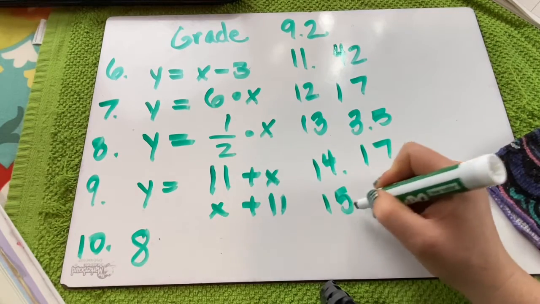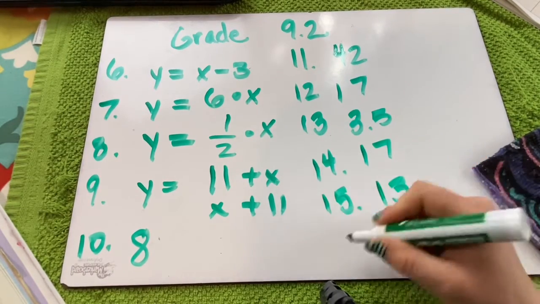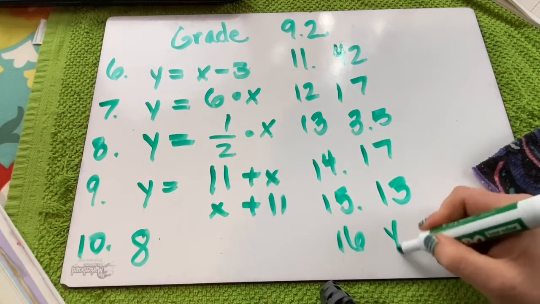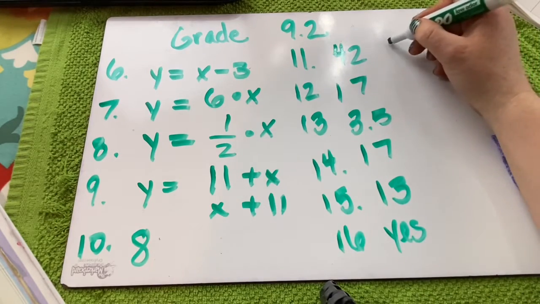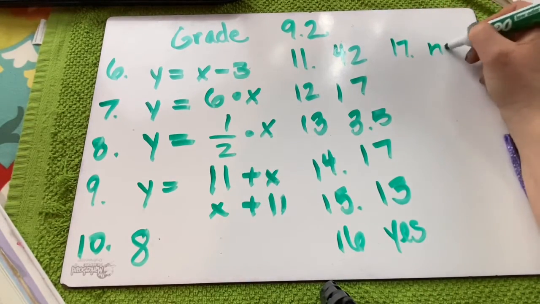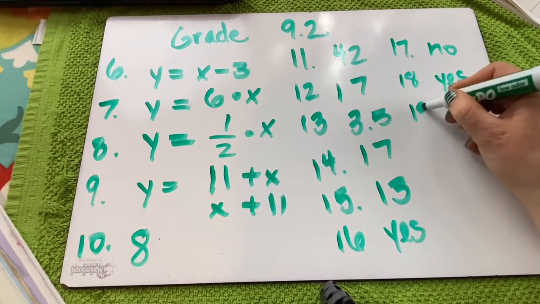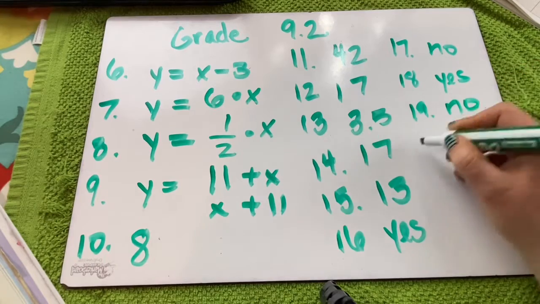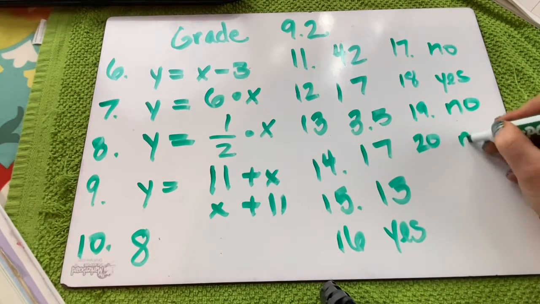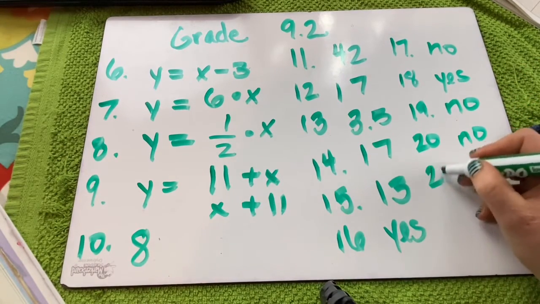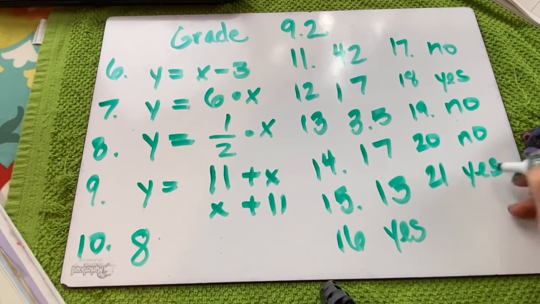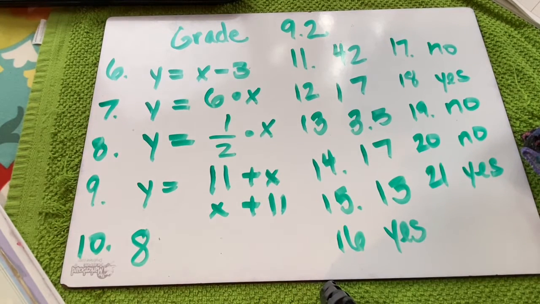Number 15 is 13. Number 16 is yes. Number 17 is no. Number 18 is yes. Number 19 is no. Number 20 is no. Number 21 is yes. Okay?